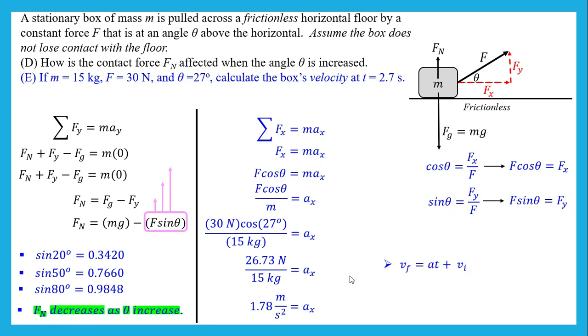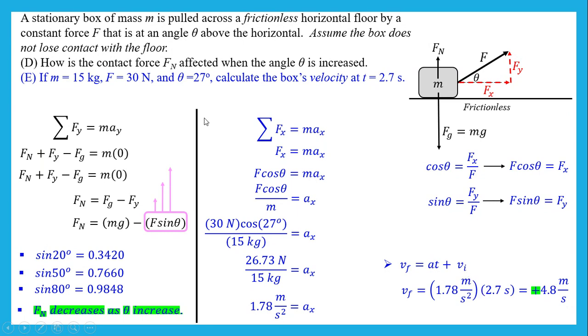All right. To find the velocity at 2.7 seconds, we can use our kinematics. Our final velocity at any given time is simply acceleration times time plus vi under constant acceleration, which it is in this case because the force is constant. Therefore, a is replaced with 1.78. Our time here is 2.7 seconds.